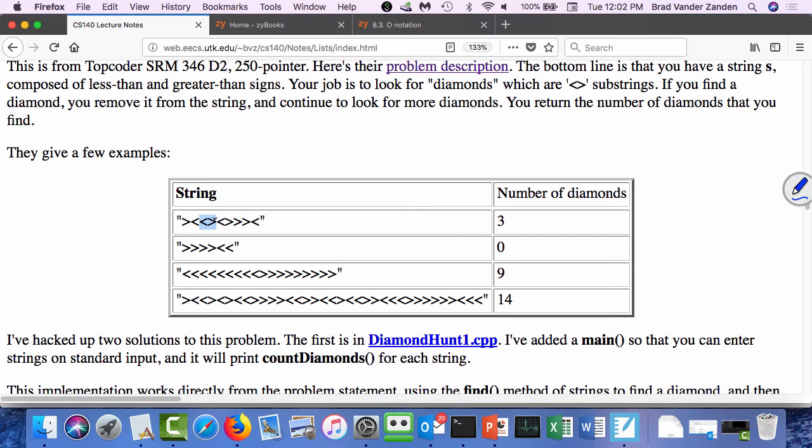You could also have done the finding of the diamonds using a find where you said dot find, and you were trying to find a diamond. Okay? And then if you found it, you would delete the diamond from the string, which you can do with strings.